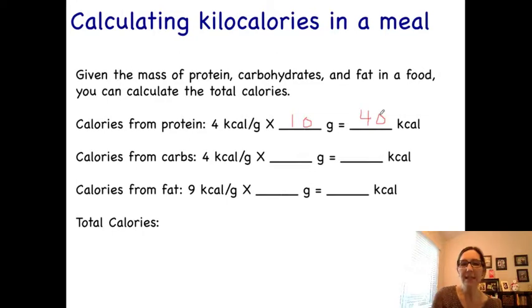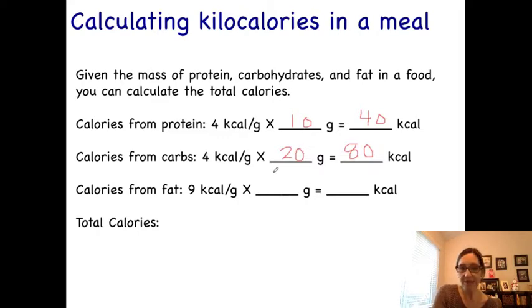Okay, let's say that this granola bar has got 20 grams, it's got a lot of sugar, 20 grams of carbohydrate. Okay, so we can then multiply 4 kilocalories per gram times 20 grams, and that gives us 80 kilocalories that come from carbs.